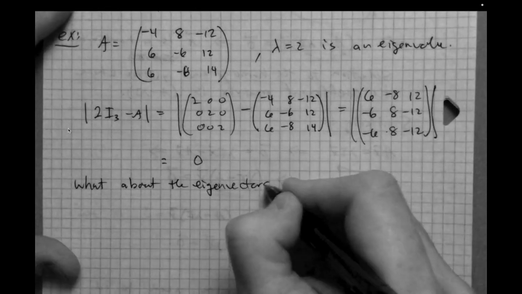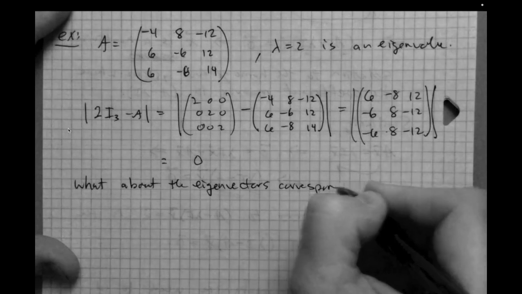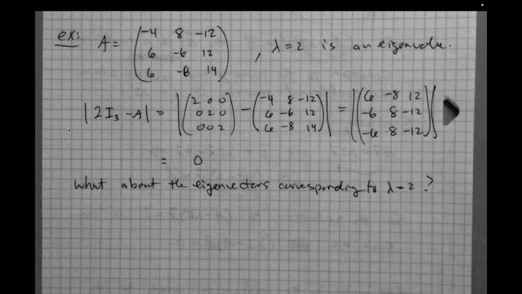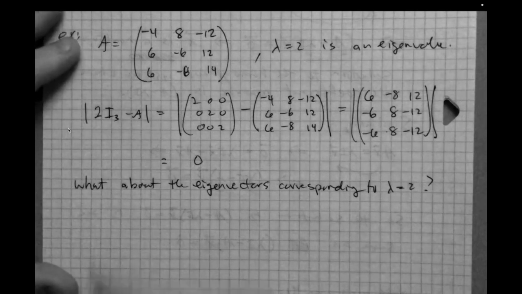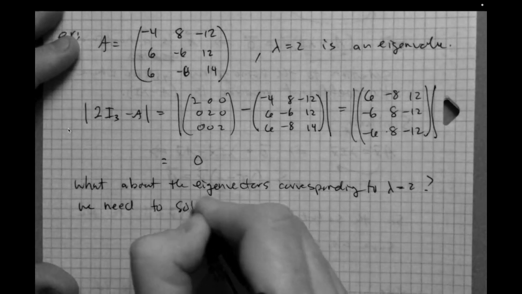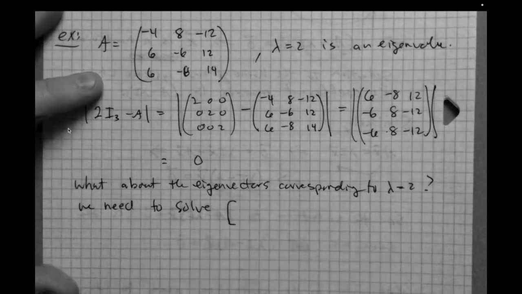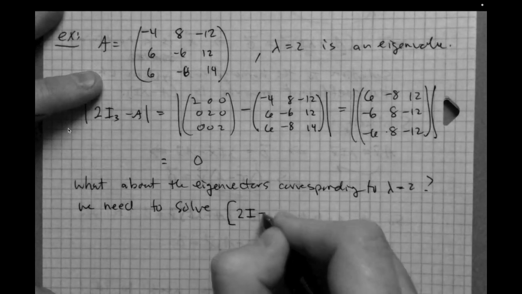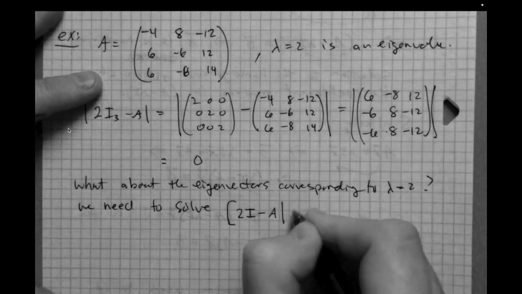Now what about the eigenvectors corresponding to lambda equals 2? How can we identify those? Well, remember, what we had to do there was solve a system. The system we need to solve can be represented by an augmented matrix that looks like this: 2 times I minus A augmented with 0.